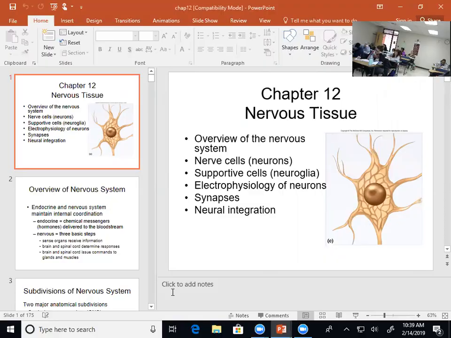We just saw in the muscle system how motor neurons communicate with skeletal muscle, didn't we? We have also been introduced to the idea that the nervous system communicates with endocrine glands. Endocrine glands are epithelial tissue that secrete what? Hormones. So the nervous system is like the great communicator, right?